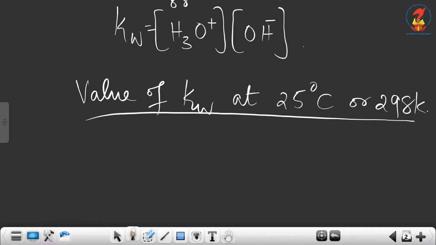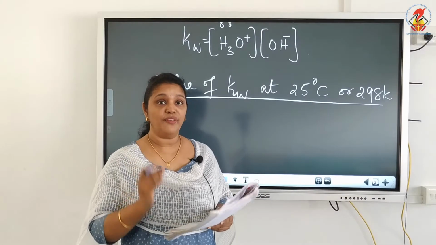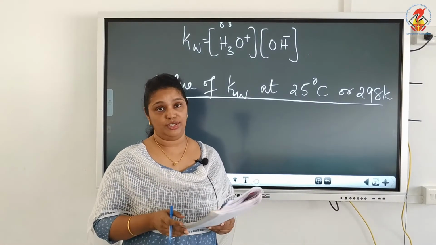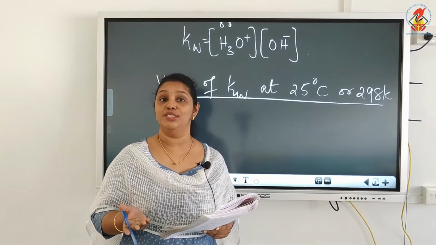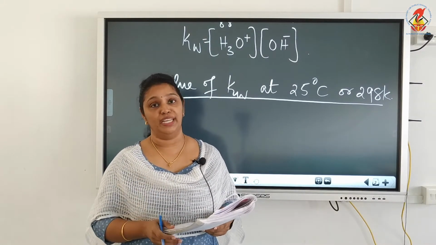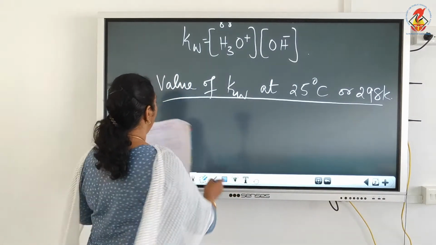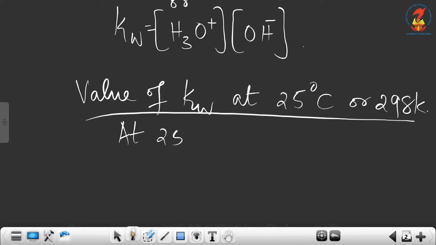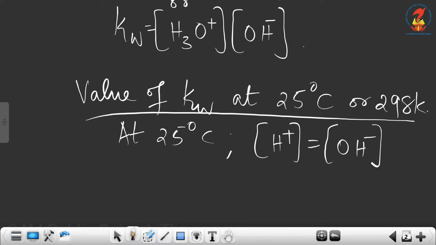And it is found that at 25 degrees Celsius H2O molecules will dissociate to give an equal number of H plus and OH minus ions. So we can say at 25 degrees Celsius the concentration of H plus ion will be equal to the molar concentration of OH minus ions.